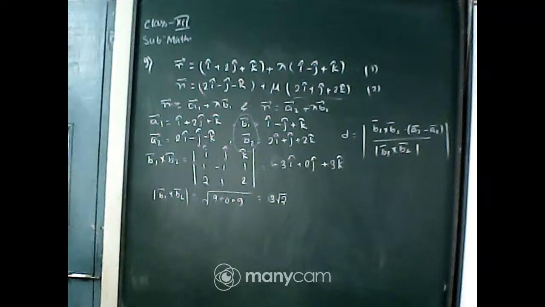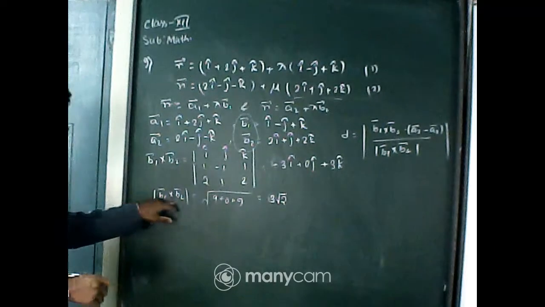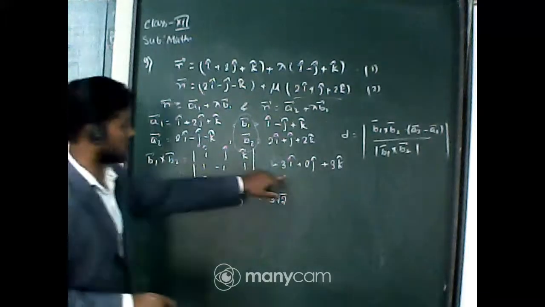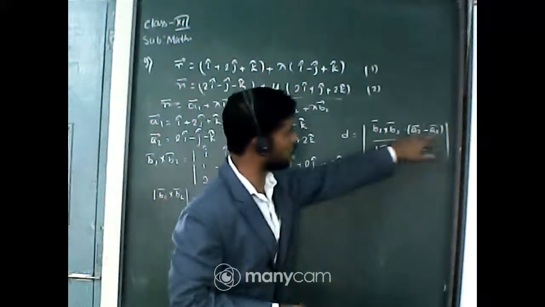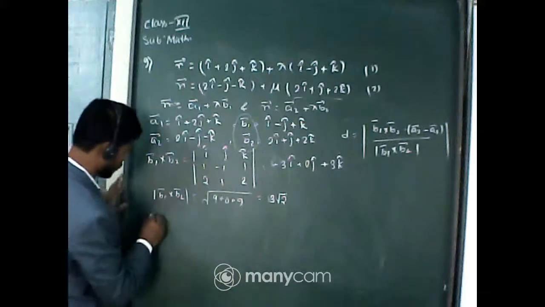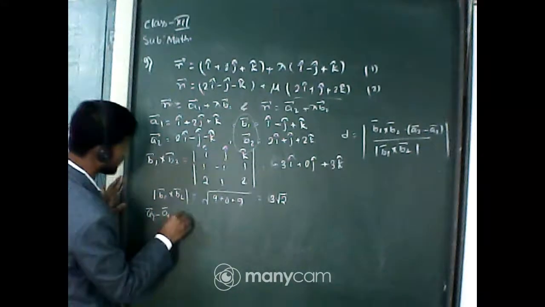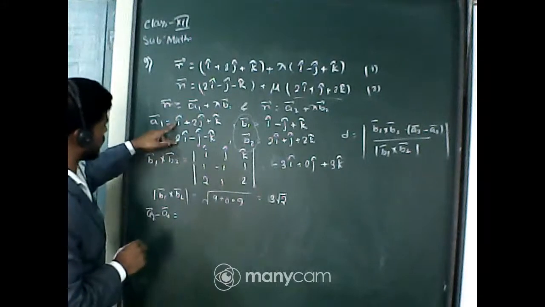So mod of b1 cross b2 is known. Now we have to calculate a2 minus a1, a2 vector minus a1 vector. So this is your a2 vector and this is your a1 vector. Subtract a1 from a2.